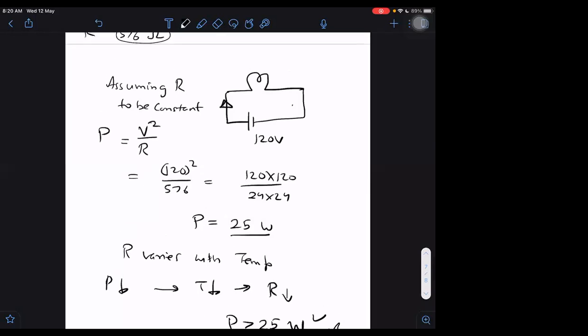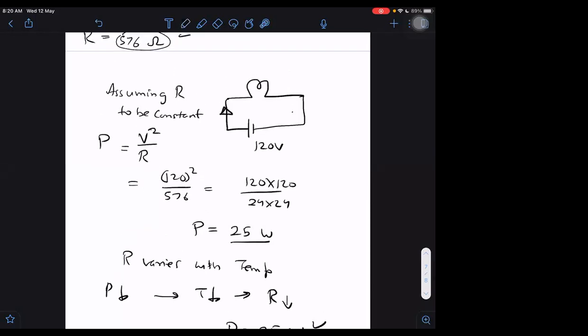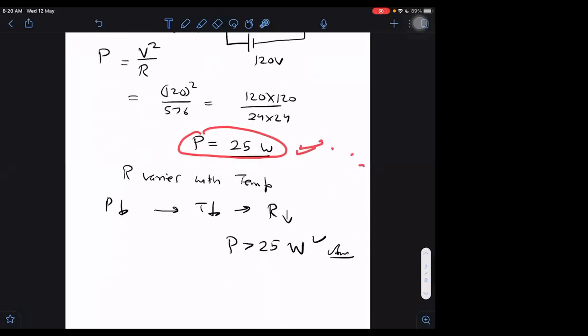But let me warn you that in many questions they go up to this point only and give 25 as the answer. That will be considered the right answer if there is no other option given. But when they are giving options like power greater than 25, then that will be considered a better option than power equal to 25.